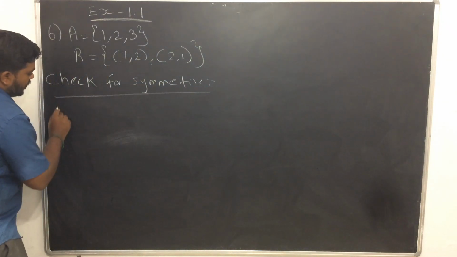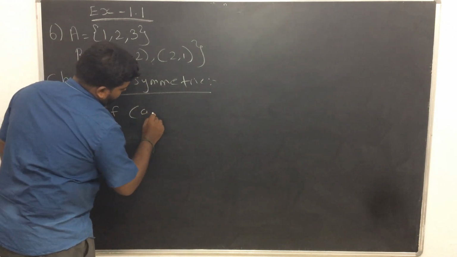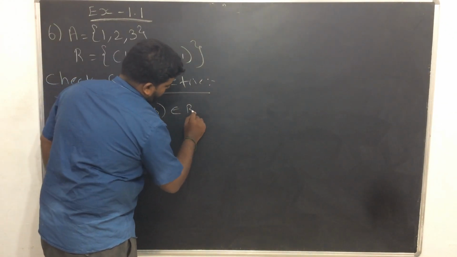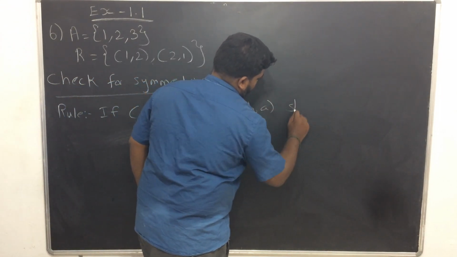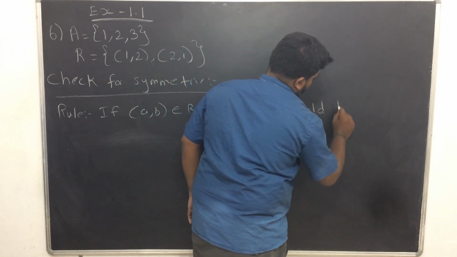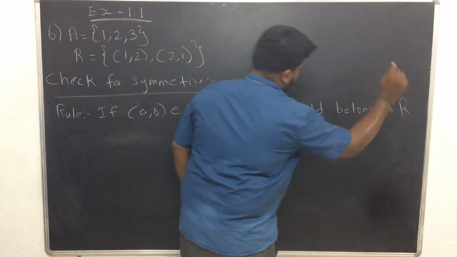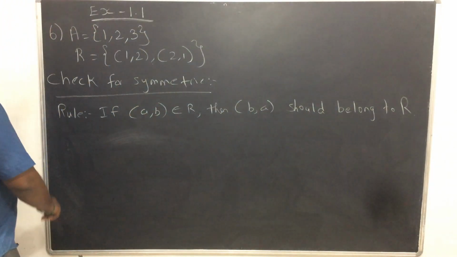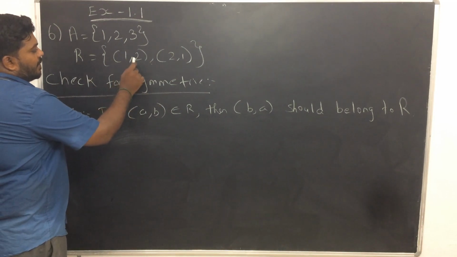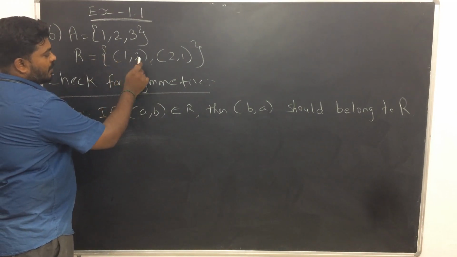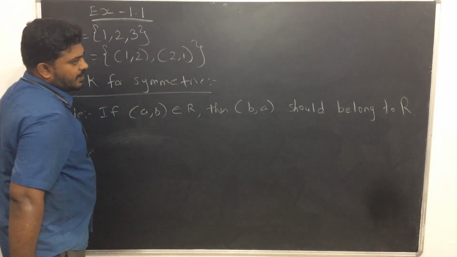What is the rule for a relation to be symmetric? If (a, b) belongs to R, then the ordered pair of the form (b, a) should belong to R. This is the rule for any relation to be proved to be symmetric. Now, looking at this relation, let's take the first pair, that is (1, 2), as (a, b). For (a, b), (b, a) is present.